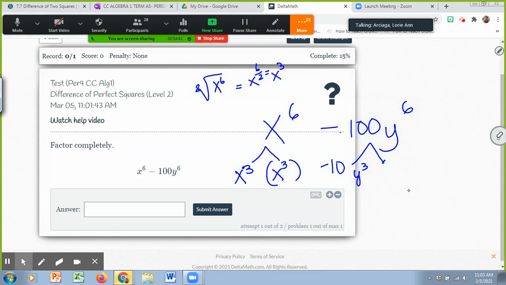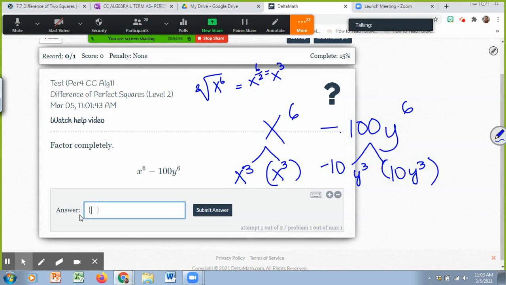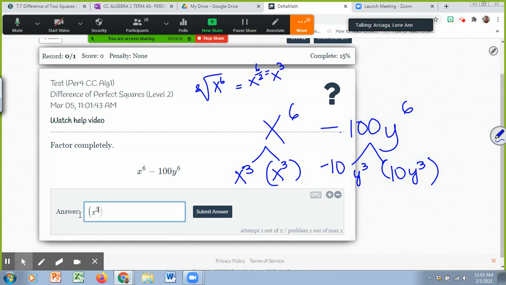All right. There you go, Valerie. Cicely posted it for you. So that's going to be 10y to the third power. Okay, so your final answer here will be x to the third power minus 10y to the third power. Okay.